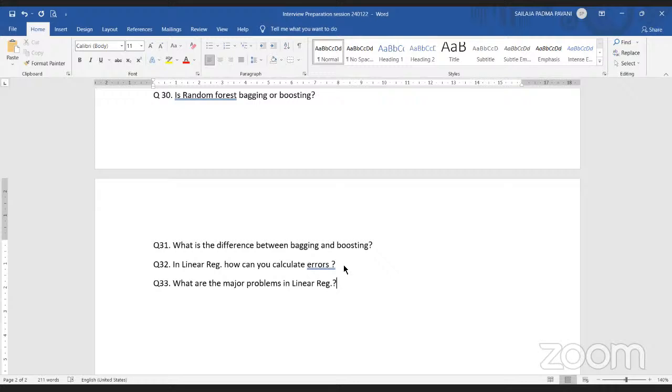The next point is correlation of error terms.